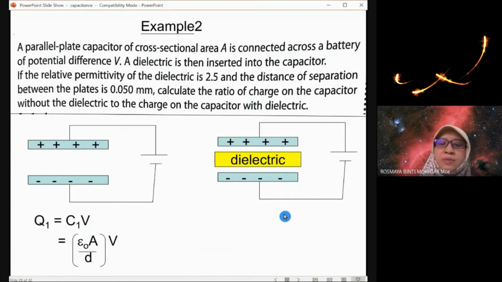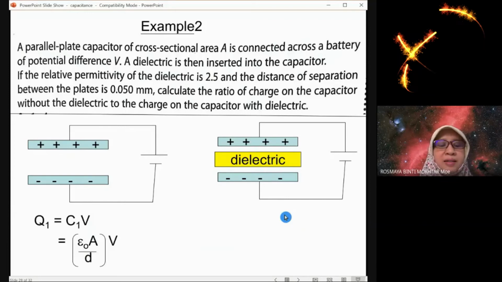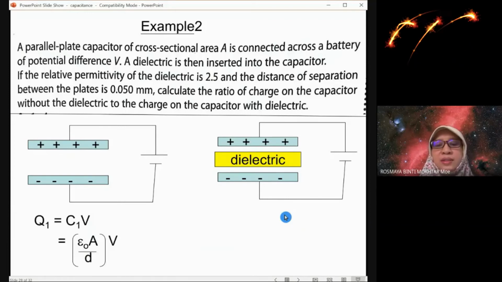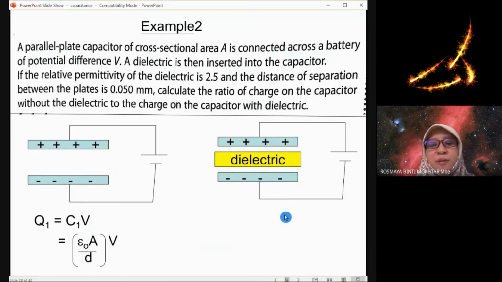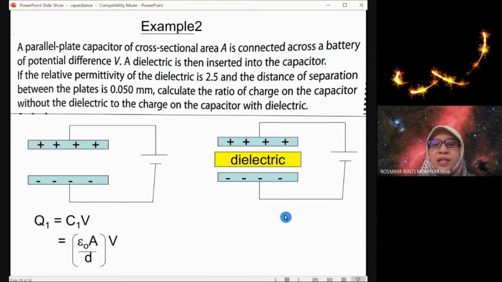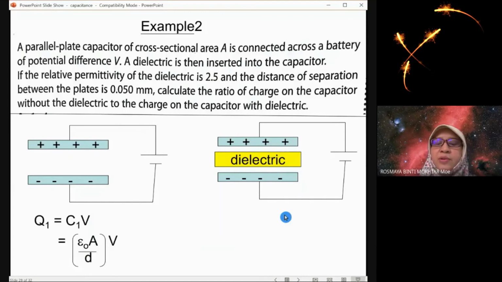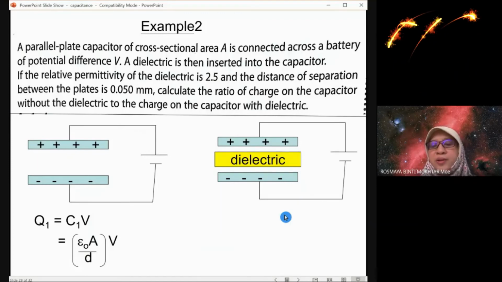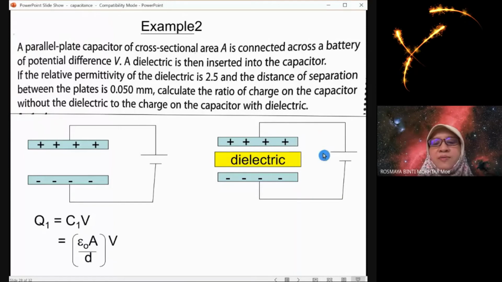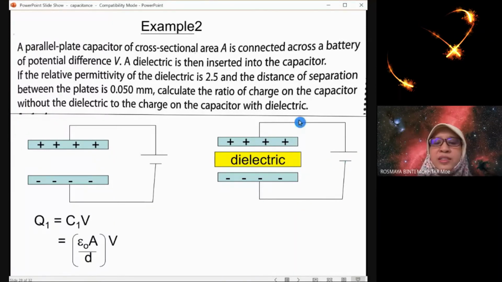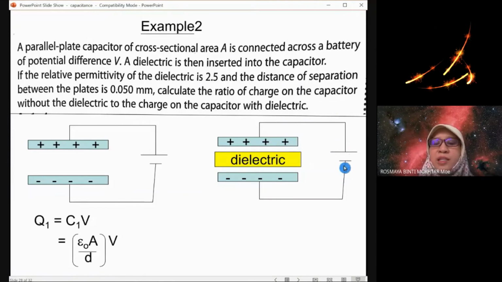Can you remember what we discussed in the previous slide? Charge constant or voltage constant? Good, voltage constant, as Min Sheng and Ramesh said. Very good. In this case, voltage is constant because the charge still can flow in the circuit, supplied by the battery.